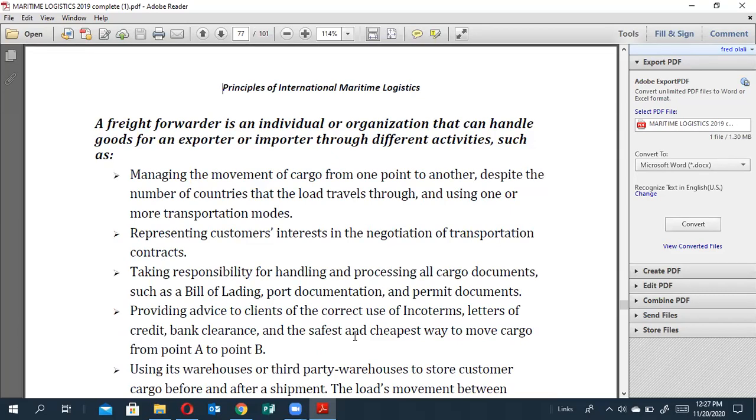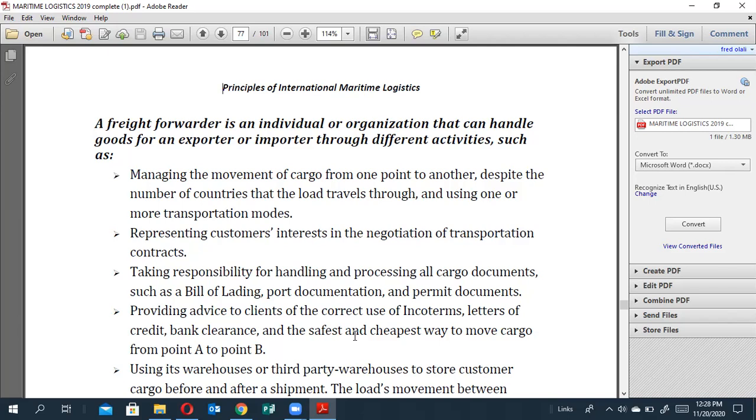It is said that a freight forwarder is an individual or organization that can handle goods for an exporter or importer through different activities, namely managing the movement of goods from one point to another, despite the number of countries that the load travels through, and using one or more transport modes.